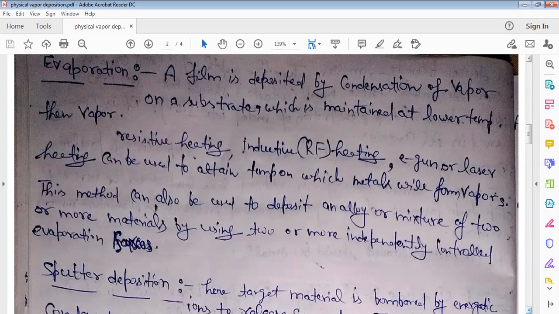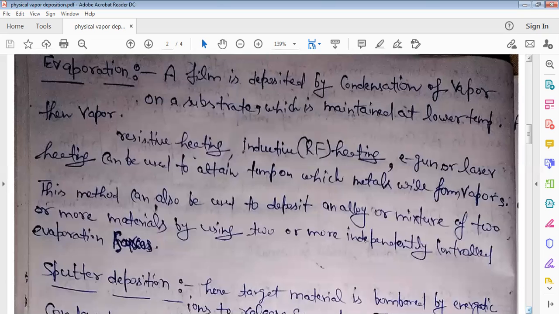So what is done in the vacuum evaporation process? In vacuum evaporation, a film is deposited by condensation of vapor onto the substrate, which is made and maintained at a lower temperature than the vapor. Remember the first step: the metal in solid form is converted into gaseous or vapor phase. How is it done? It can be done using resistive heating, RF heating, electron gun, or laser heating.